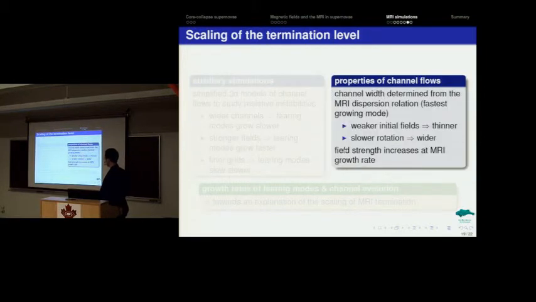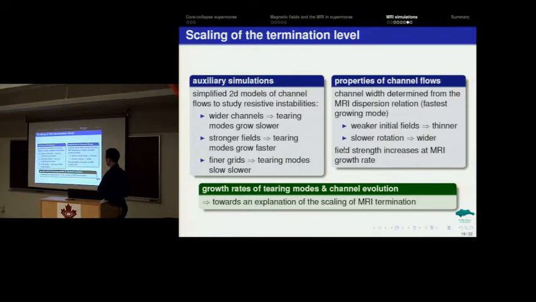Those lead to thinner channel flows and correspond then to faster growth of the secondary instabilities. And combining those two, the properties of the channel flows and the properties of the instabilities, we could find some explanation of the scaling we observed.